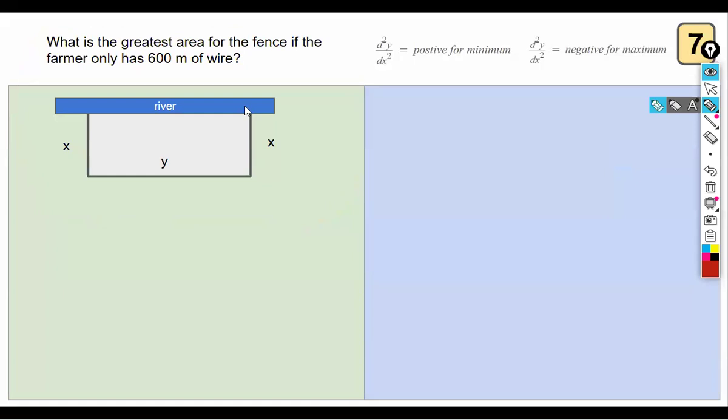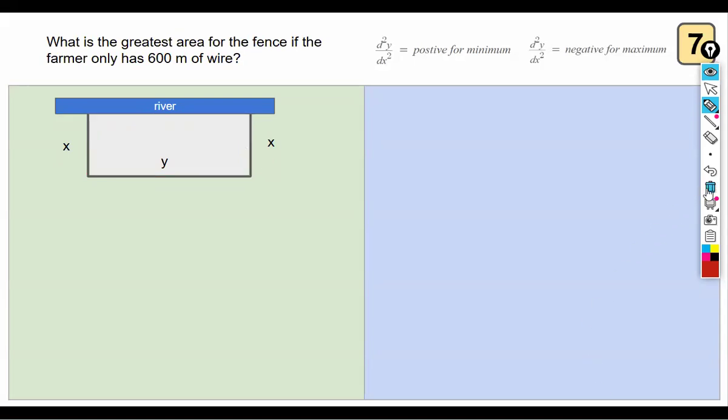So when you're buying wire, you're only buying this part here. 1, 2, 3. There's no need to put any wire here. That's a kind of wavy line because we're going to assume that the cows are not suicidal and are not going to jump into the river, right?